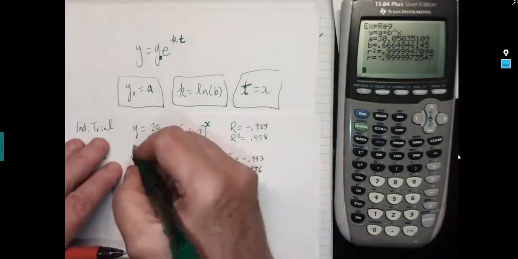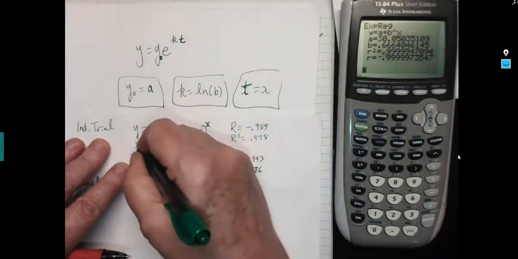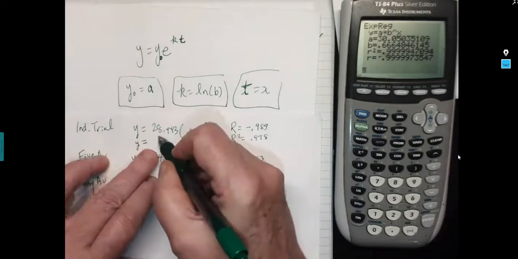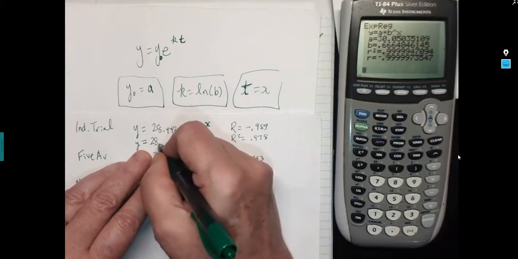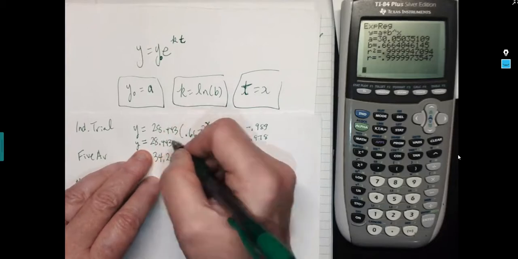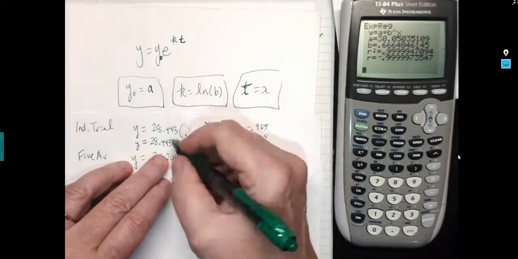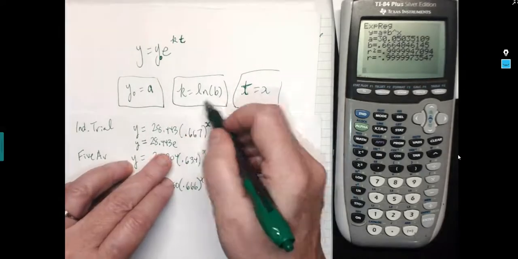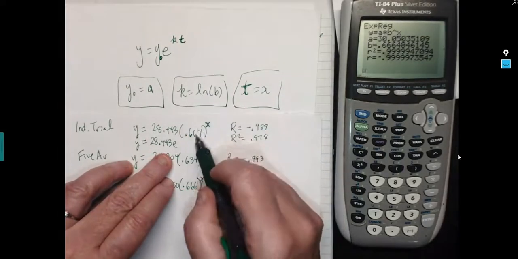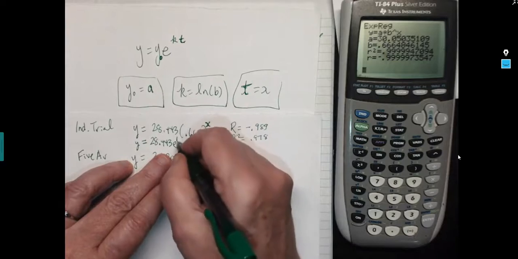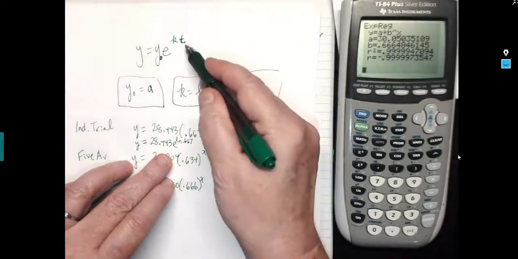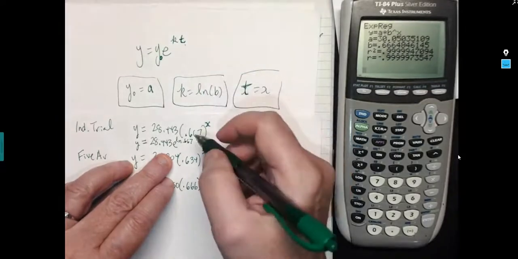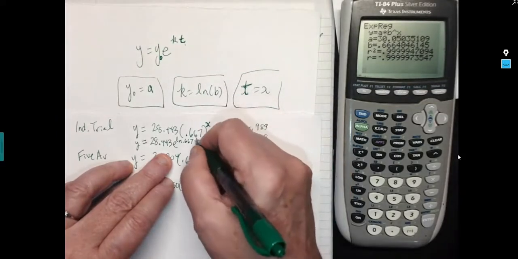Okay, so this will become y is equal to, and this was our a, so we're keeping that. And then we'll have e to the power of k, which is the natural logarithm of the number inside the parentheses here. And then we'll just substitute t for x.